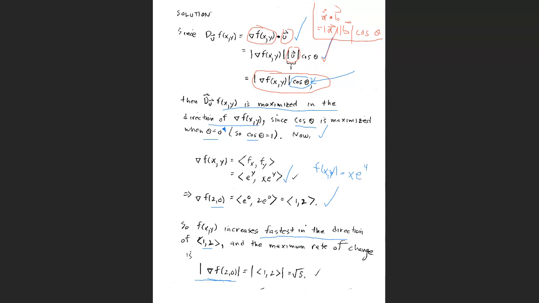If you're at the point 2, 0, and you're looking in the direction of 1, 2, the surface is rising, right?